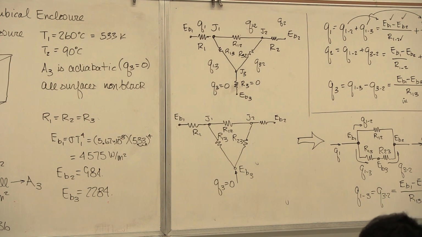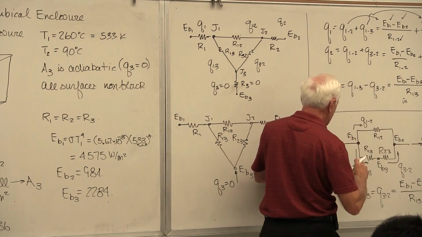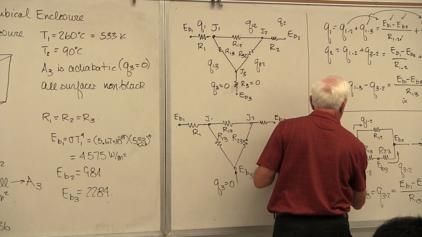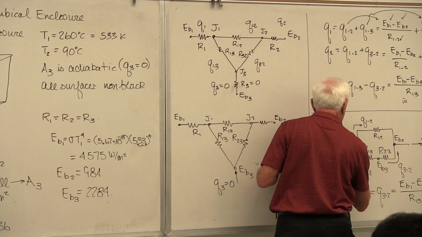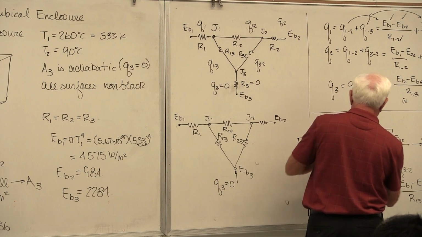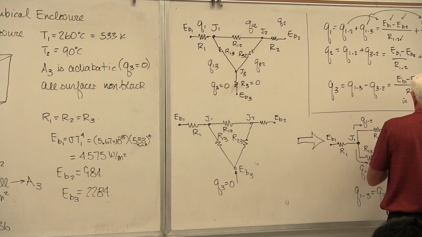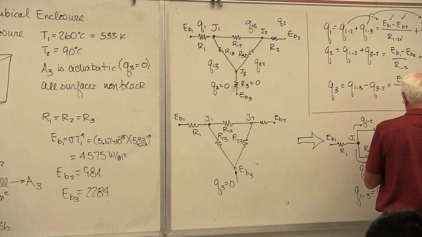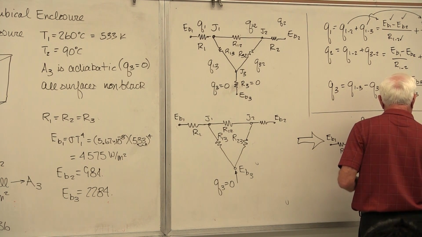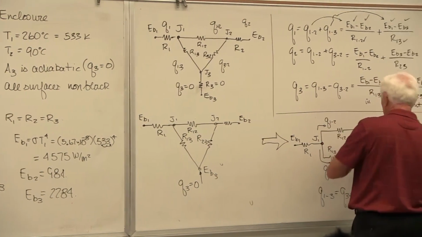If you want to do it by this method, you can. All you do is you put a resistor here, R1, EB1, J1, J2, R2, Q2.